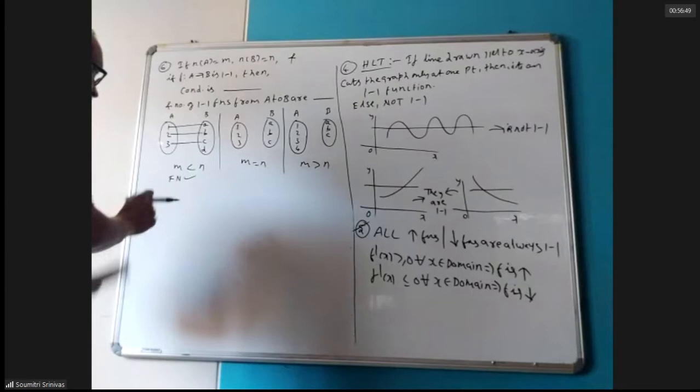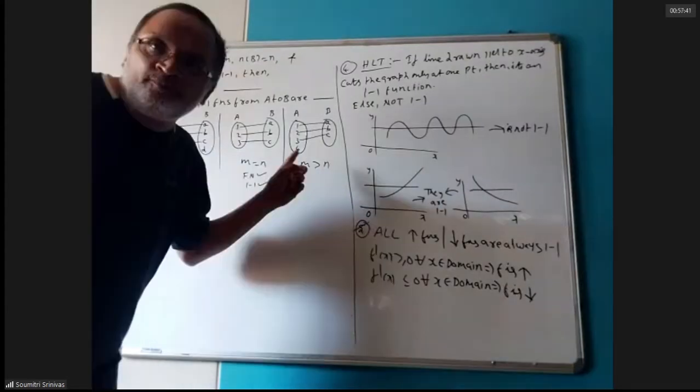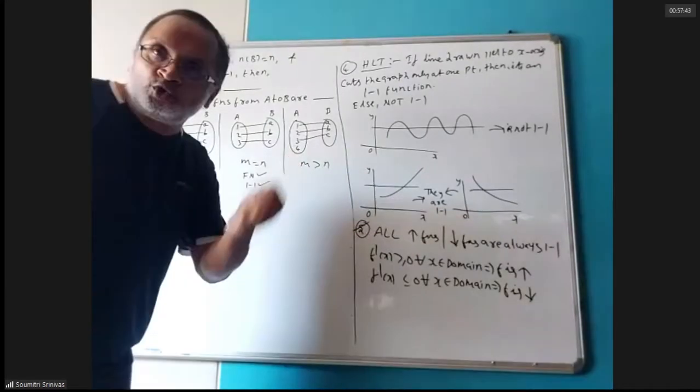This will not be a function. Why will this not be a function? Should I tell you why it is not a function? In a fruit juicer, you have put apples, so what should definitely happen?